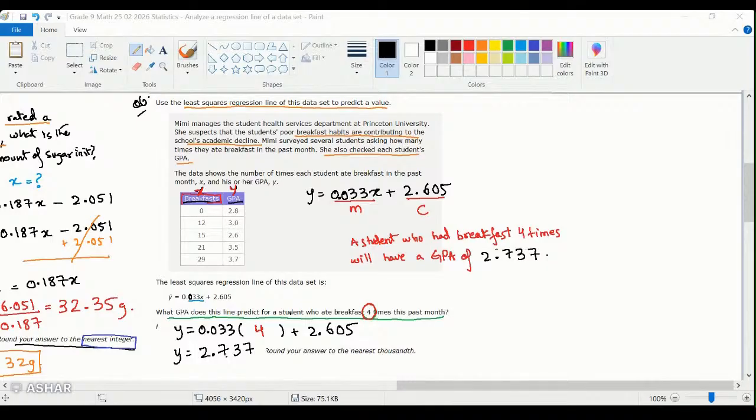Moving ahead for the next question, let's see what is the prediction. The next question says we need to give our answer and round it off to the nearest integer. Question number 7.